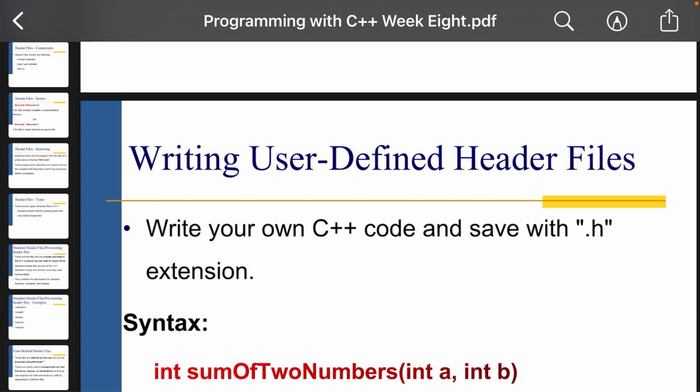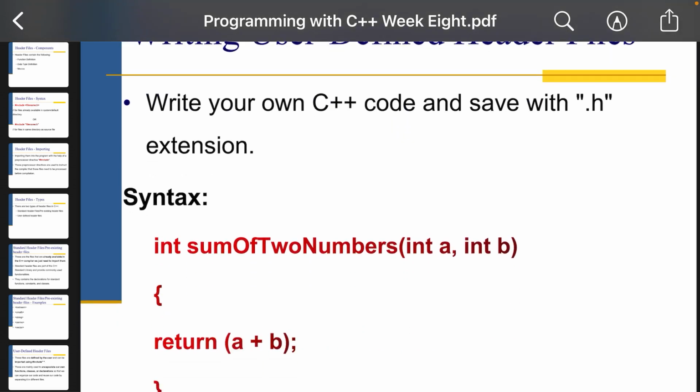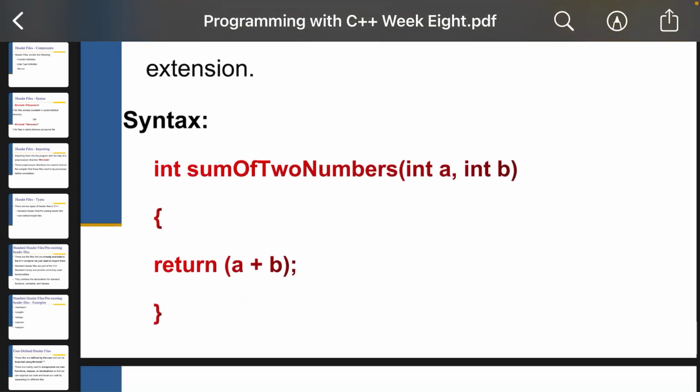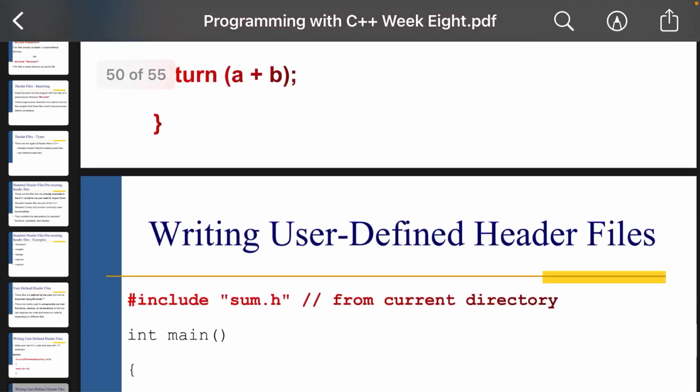To write a user-defined header, write your own C++ code and save it with the .h extension. There's a syntax: int sum of two numbers, int a, int b, return a plus b.